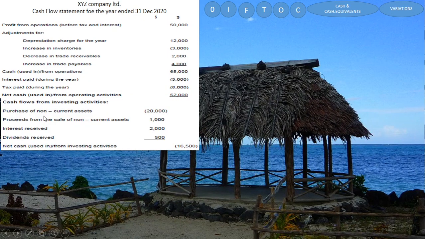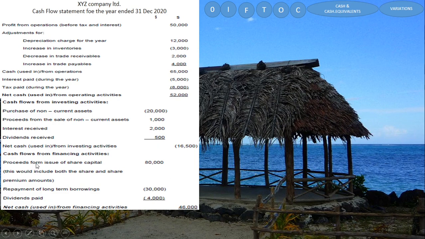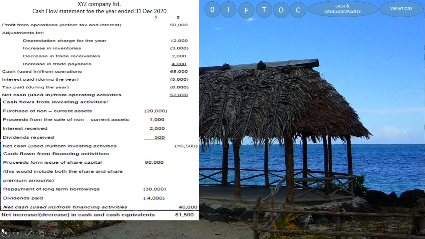Then we have cash flow from investing activities, solved, and net cash used is 16,500, negative. Then from financing activities, you have net cash from financing activities of 46,000. After making these three headings, we add them up: 50,000 minus 16,500 plus 46,000. When you add up, you get the total, and that's called net increase in cash and cash equivalents.